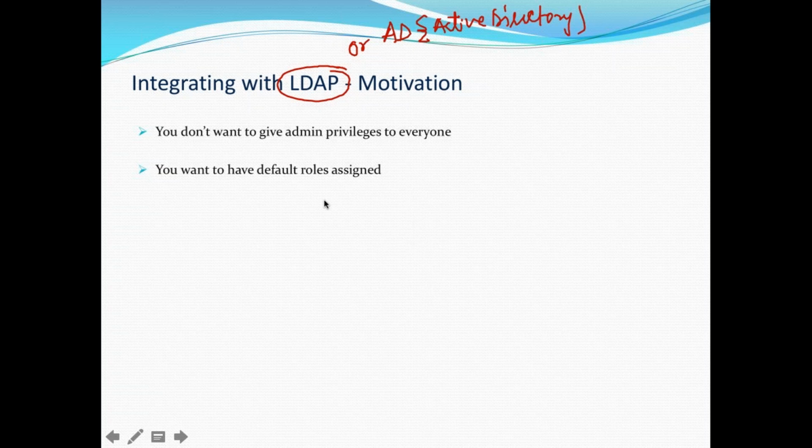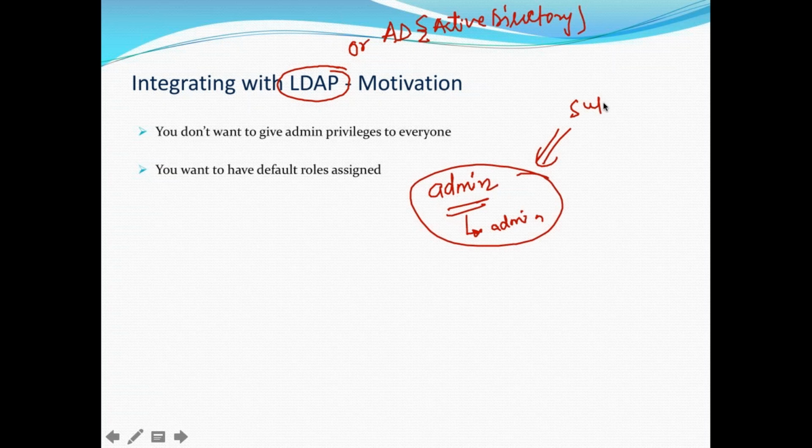One of the major things is that right now the default user is the admin user, and the password is also admin, of course. But this admin user is capable of doing everything because he's a super user.